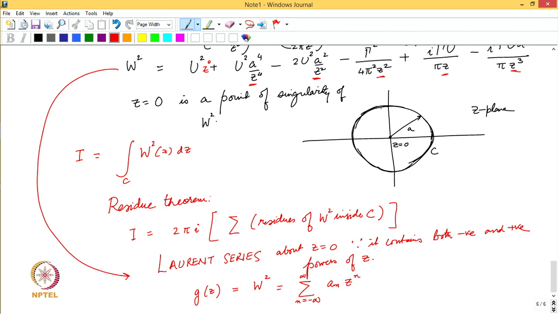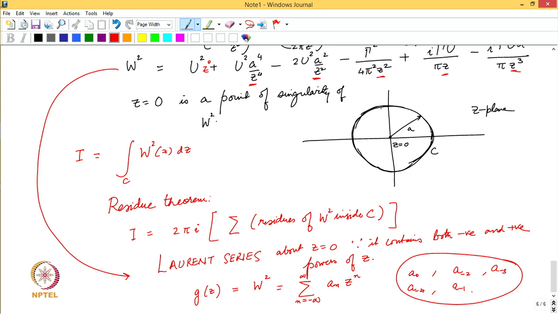However, in our expression, certain coefficients are only non-zero. For instance, we have a 0, a minus 4, a minus 2, a minus 1, and a minus 3 to be non-zero. Only these are the non-zero coefficients in that series, the rest are all 0.